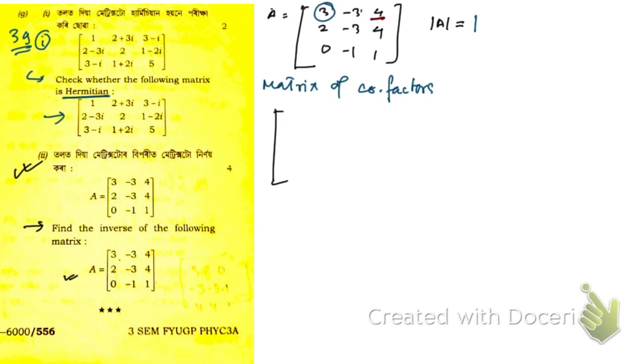So again, minus 3 into 1, okay. First we're going to take positive, minus 3 into 1 is minus 3, then minus 1 into 4, that's going to be minus 4, so minus becomes plus 4, okay. Then for the next term minus 3, next should be negative, okay, alternatively positive and negative.